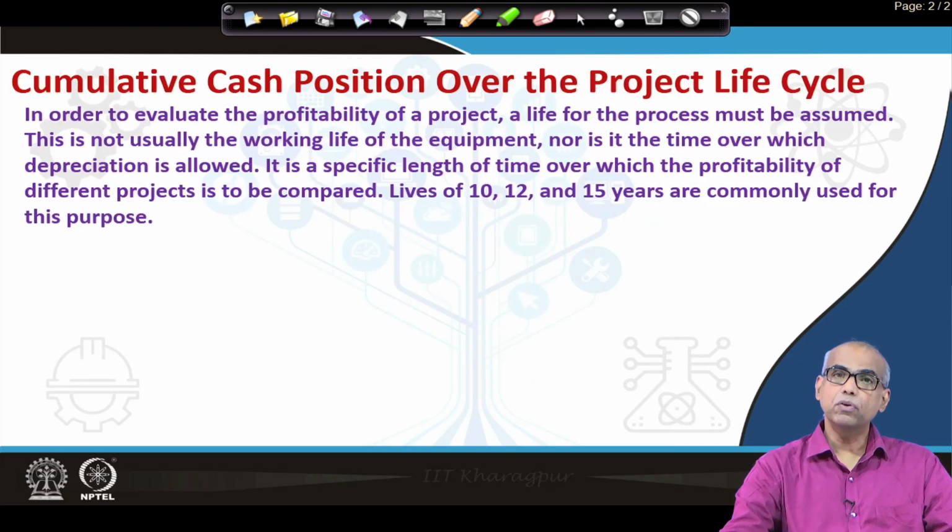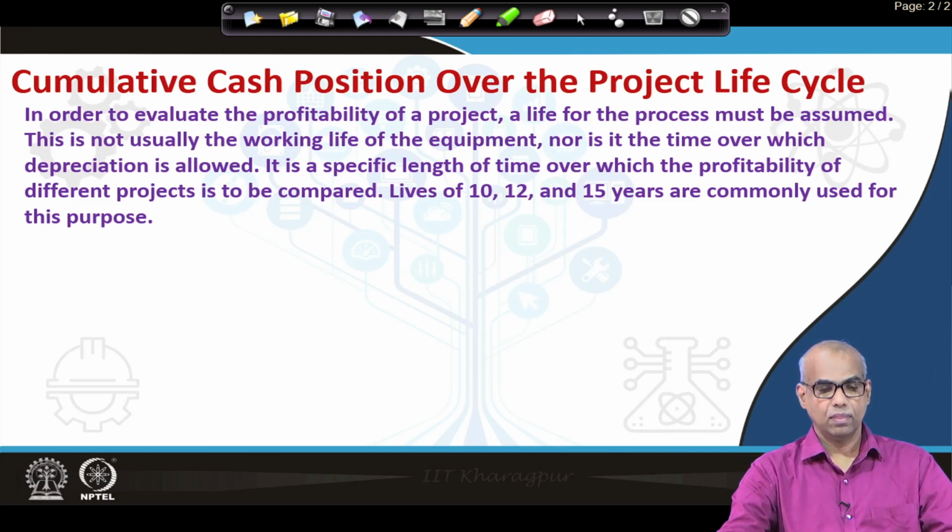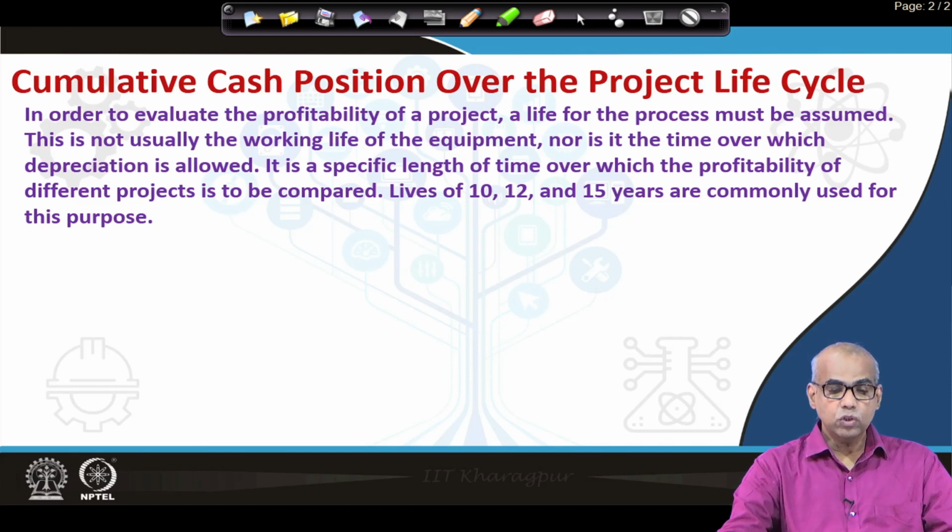Now, we will briefly review the cash flow diagrams, or in particular cumulative cash flow diagrams. In order to evaluate the profitability of a project, a life for the process must be assumed. Let us say, shall we consider 10 years as the life of my chemical plant?